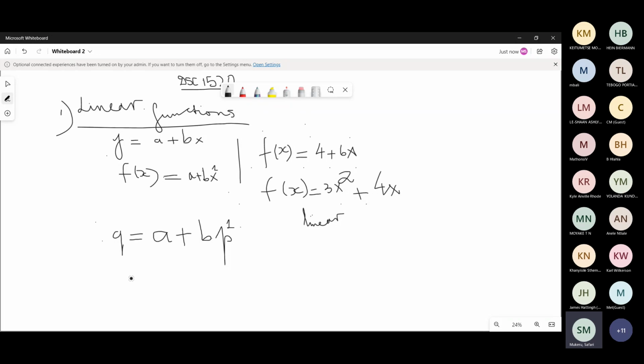This is a linear function for the demand. And for the supply, also a linear function, we need C: Q equals C minus D times P, right?